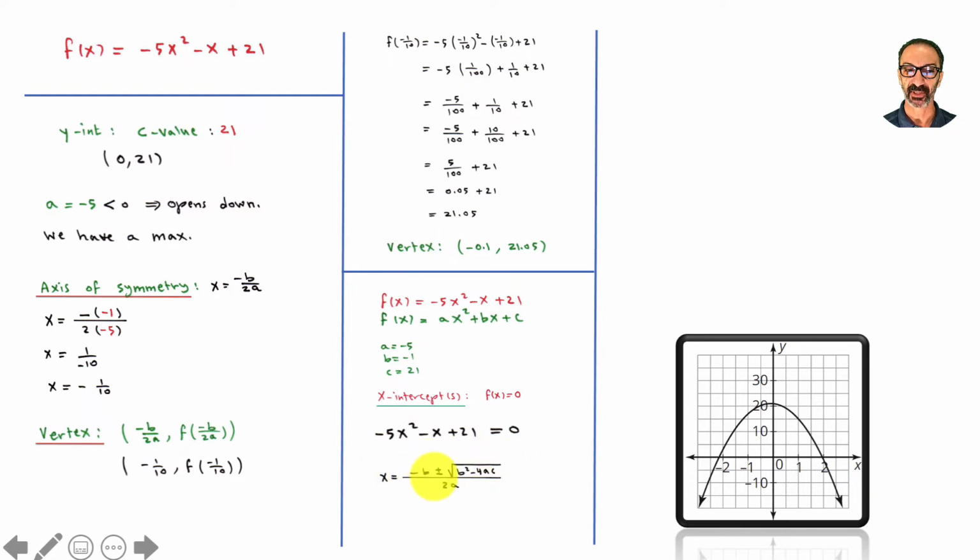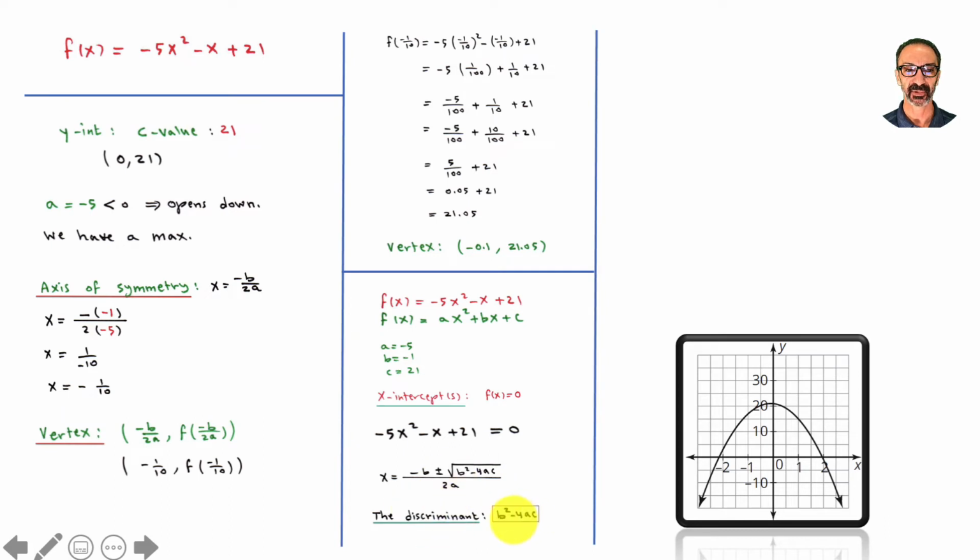Minus b plus minus square root of b squared minus 4ac over twice a. To do this and save some time, usually we take care of the inside part here under the square root, which is called the discriminant, b squared minus 4ac. Once you find it, it tells you if you have two real roots or one root or imaginary roots. One root as repeated root or two imaginary roots.